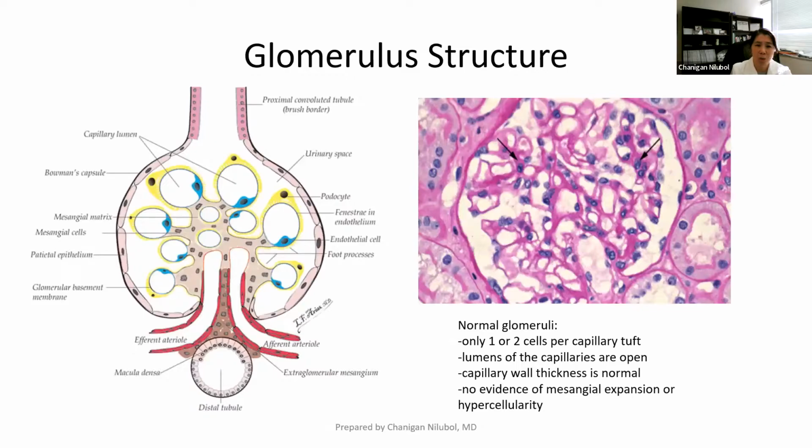So this is a normal glomerulus. You can see the drawing here correlates with what we see on the pathology. This is the Bowman space, and you have the endothelium. This is a capillary lumen. Then there's a podocyte, which is yellow here, and we usually don't see the podocyte structure on light microscopy.